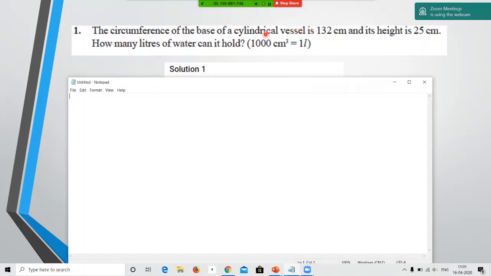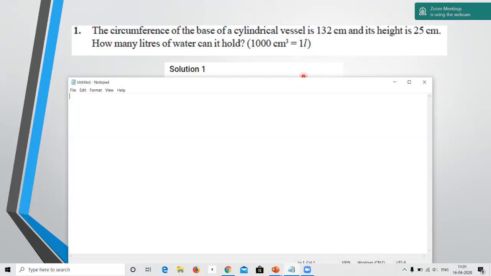From the circumference, children, find r in terms of pi itself. Now we can simply multiply it with 25, right? Because we have to find the volume. So we can simply multiply 132 into 25 to find the volume.